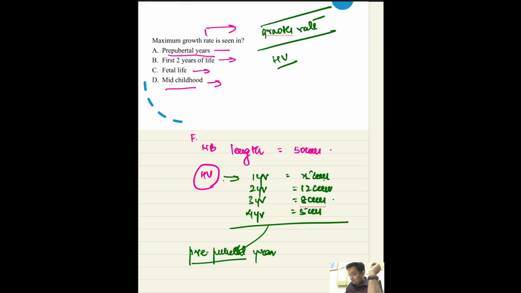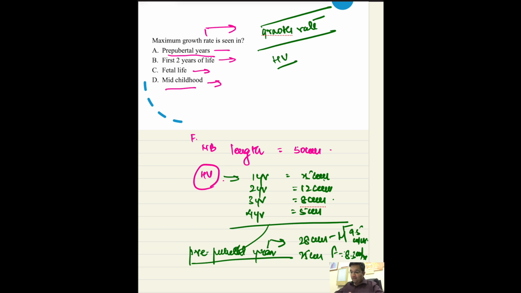Here the pubertal growth spurt is 28 centimeter in male and 25 centimeter in female, and it accounts for 9.5 centimeter per year and 8.3 centimeter per year respectively.